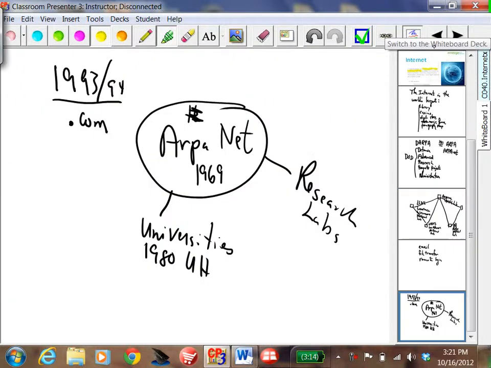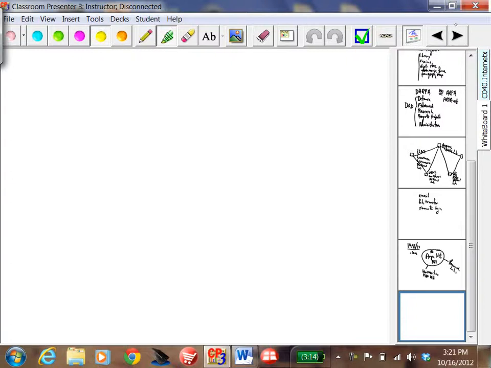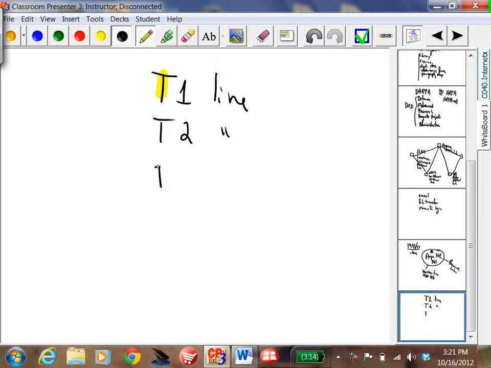So in the communications business, when you have a telephone line that connects two or more places together, okay, there are different speed ratings. Okay, let's talk about the T1 line and the T2 line and the T3 line. Okay, the T1 was about 1 million bits per second, and it went up from there.